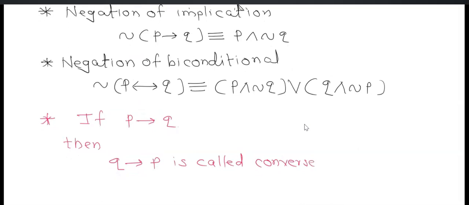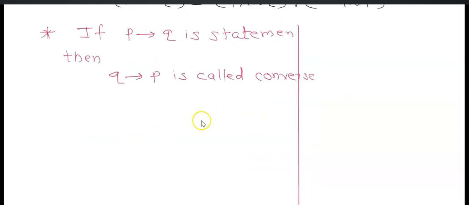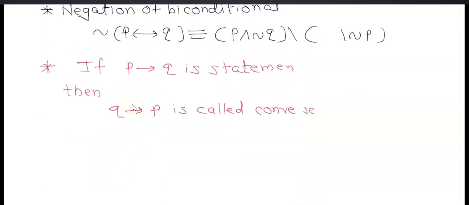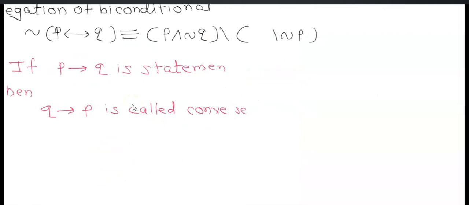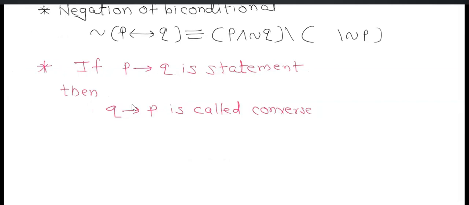If P implies Q, then Q implies P is called the converse of the above statement. If P implies Q is the statement, then what is its converse? Q implies P. This is called the converse.